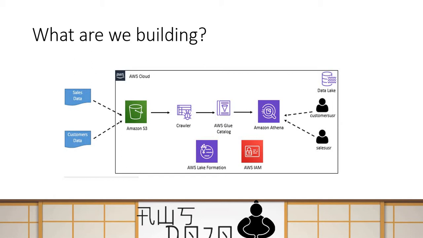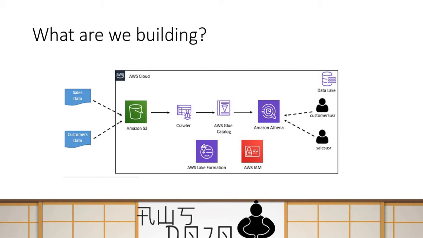It's a different topic in itself, to be very honest, and I do intend to have a separate session just focusing on ingestion, and I promise I will do that. But let's assume that your data is in your S3 bucket, and the two datasets we are using in this example are sales data and customer data, which you will manually upload. Once the data is there, you use a Glue Crawler to crawl the data, so the data is cataloged.